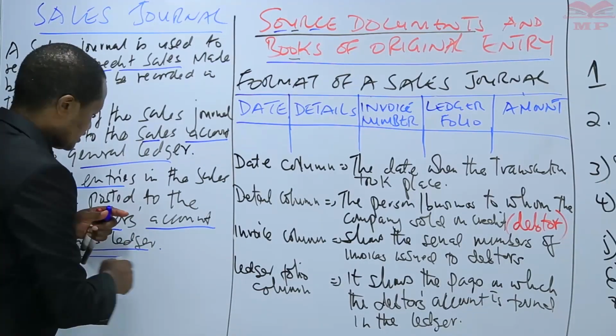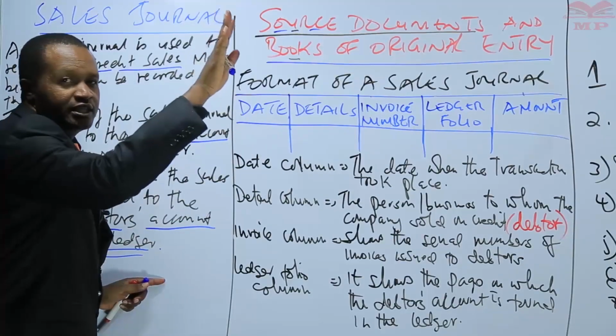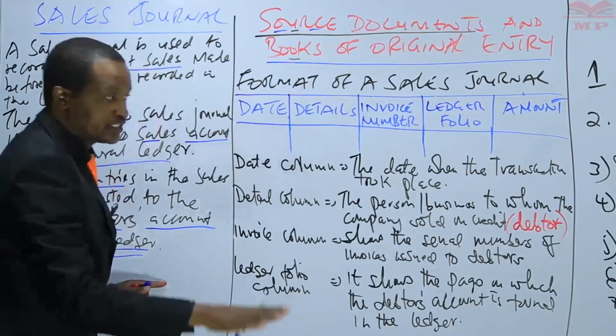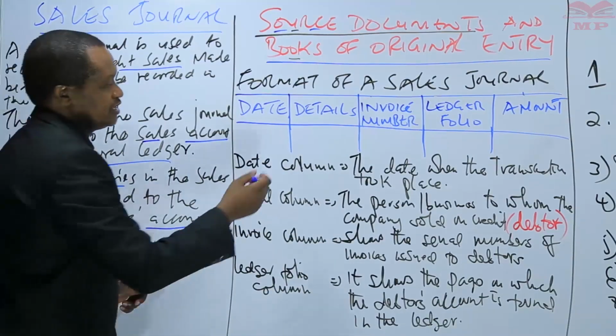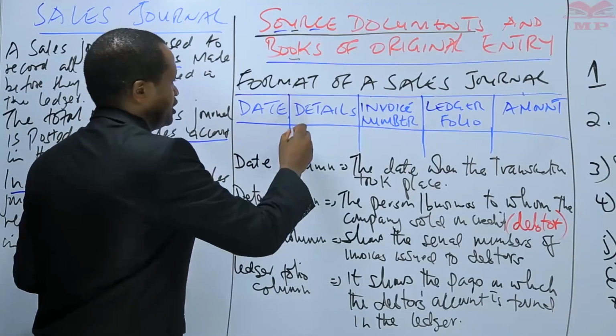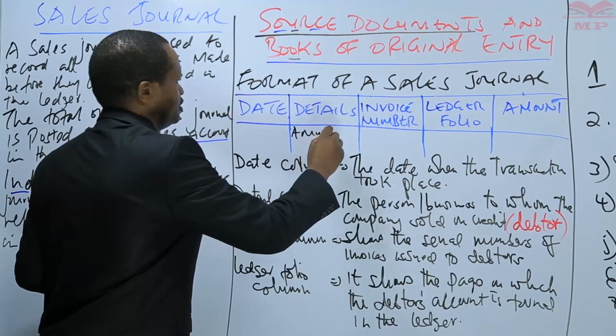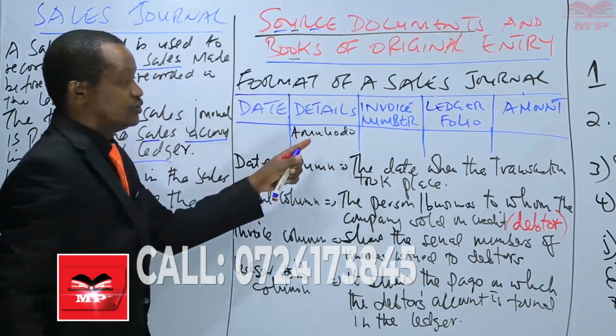Now, learners, this sales ledger is a book that contains the accounts of all debtors of the business. So say the debtor here is called Amuriodo.